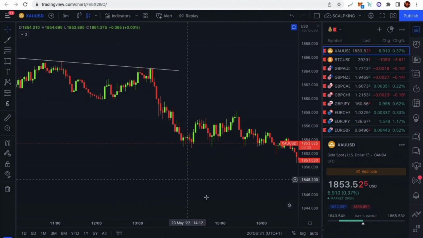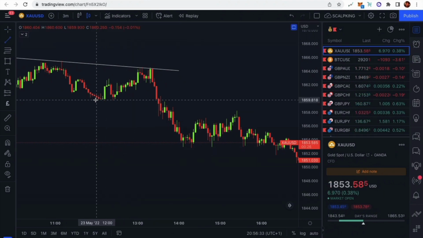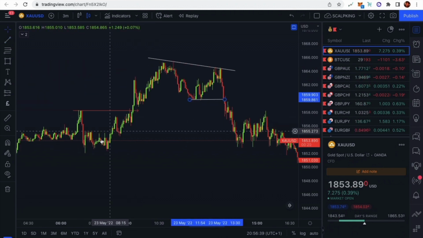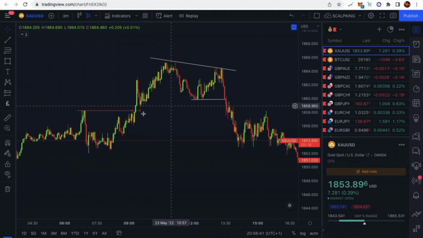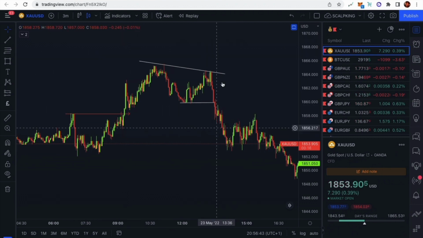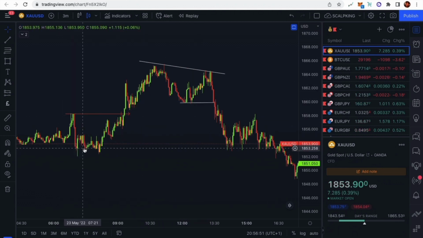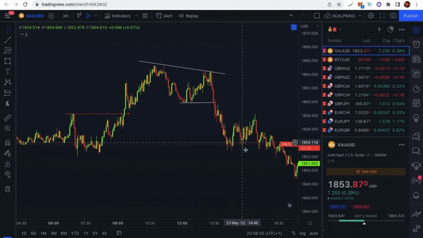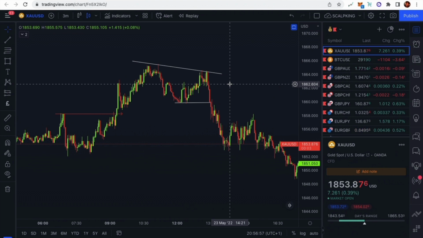And because we were buying up from the Asia session, New York reversal, guys, New York reversal. Whatever the price is doing, 9 times out of 10, whatever the price is doing before New York, the New York session is famous for that reversal. So I was already anticipating that New York reversal.